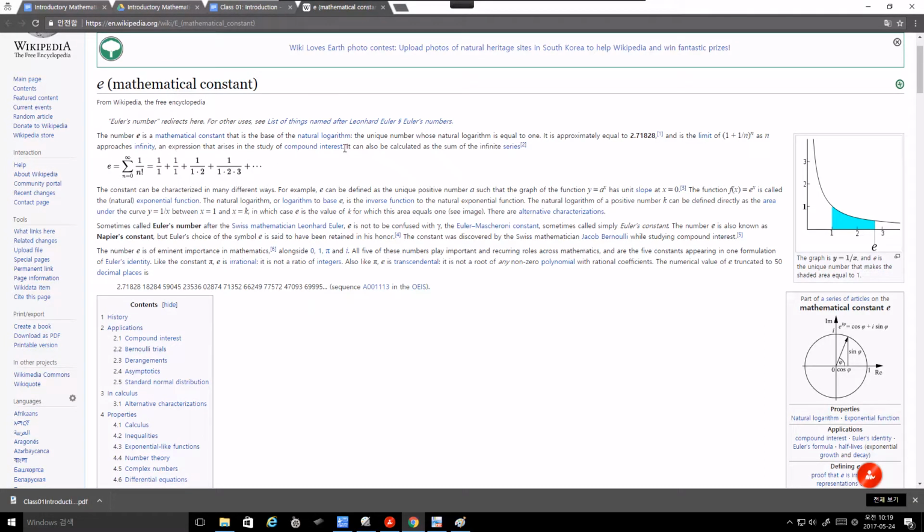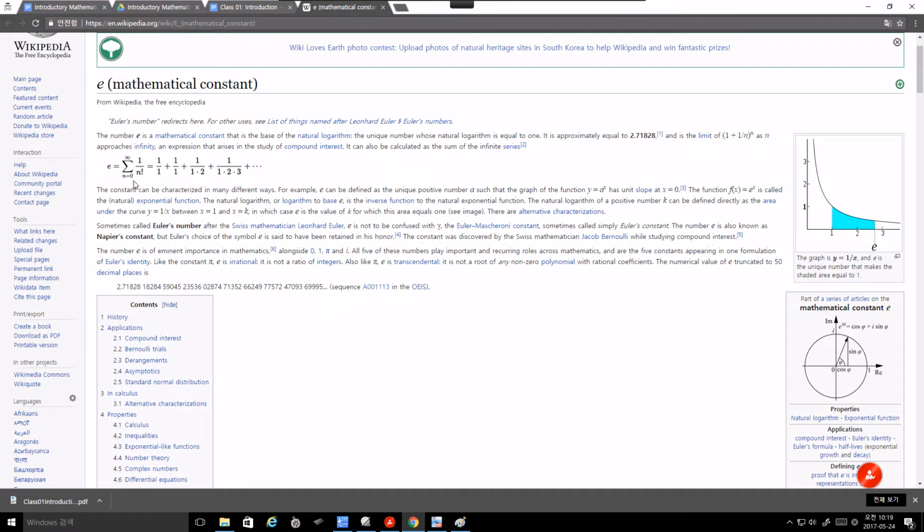Now, the E can also be calculated as the sum of the infinite series this way. So alternative definition of E is a summation from n equals 0 to infinity of 1 over n factorial. So it is 1 plus 1 plus 1 over 1, 2 plus 1 over 1, 2, 3 plus 1 over 1, 2, 3, 4 and forever.